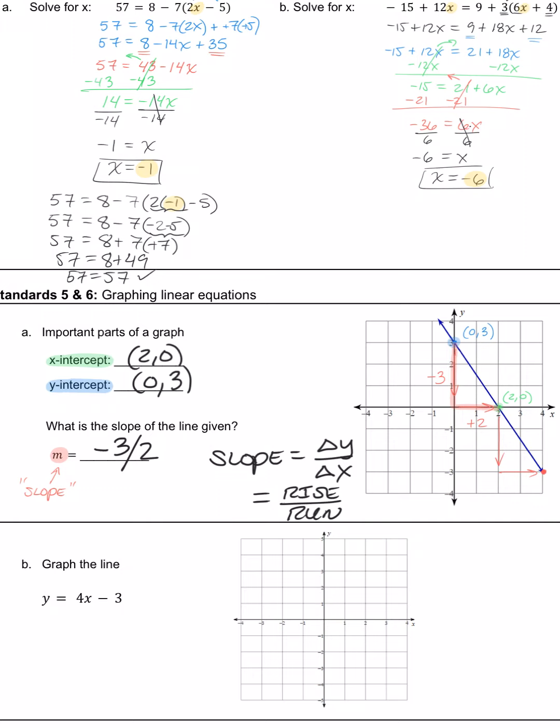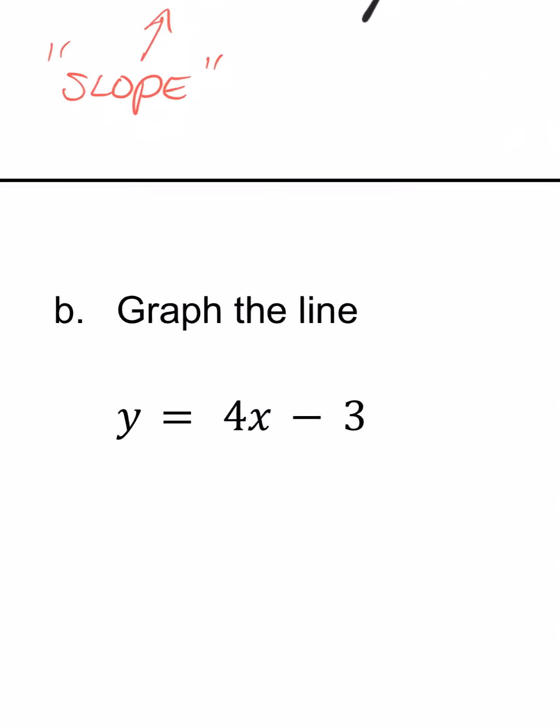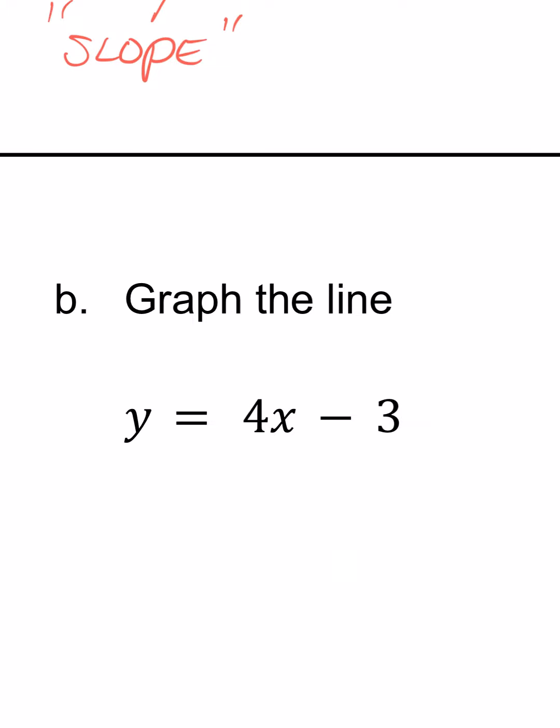Okay, so maybe we now have an equation and we want to graph the line this time around. What we need to first understand is that all equations in this form have a pattern. m is the slope. The slope, again, is change of y over change of x, as we did in the previous problem.